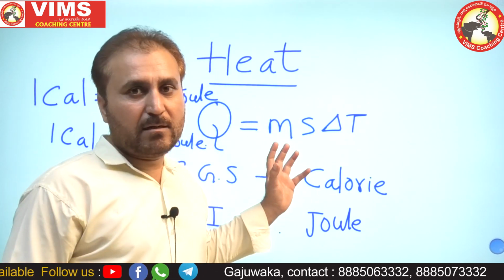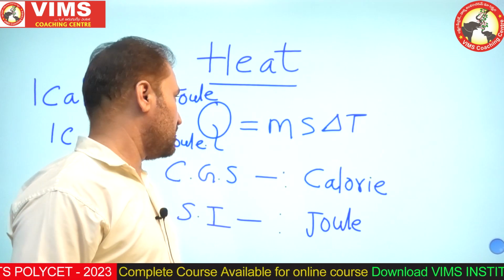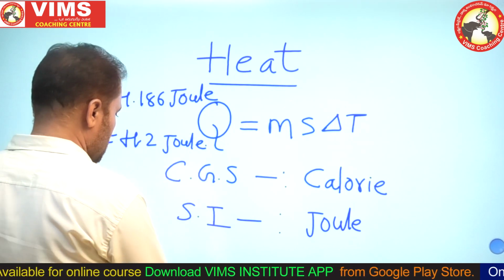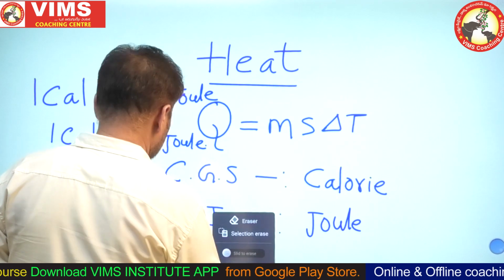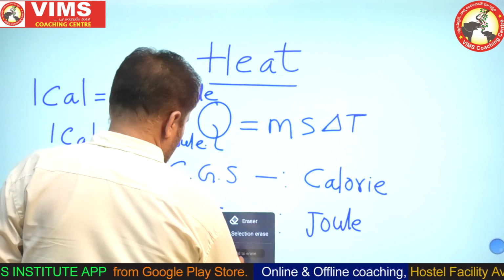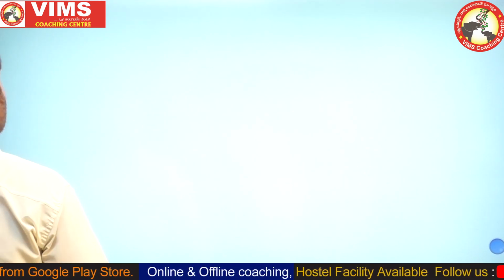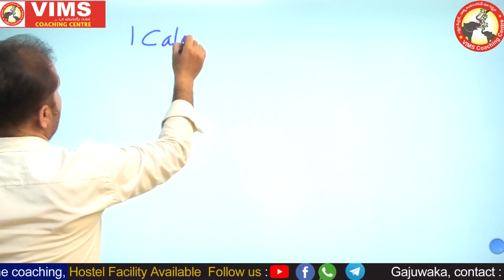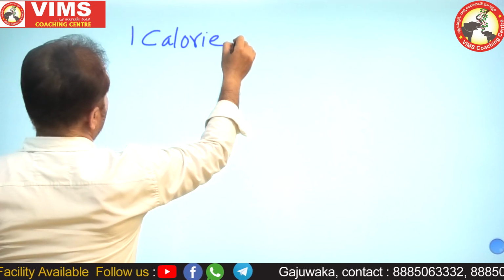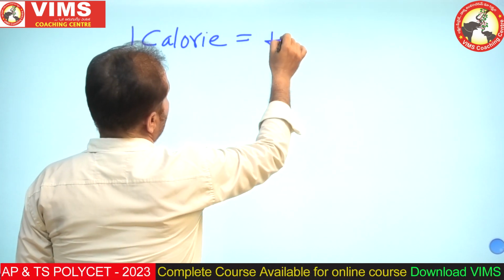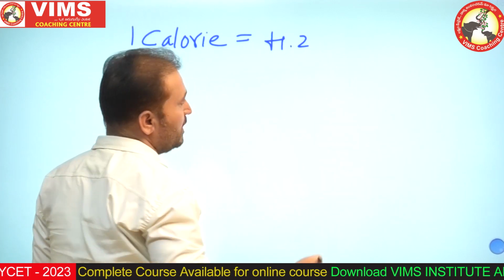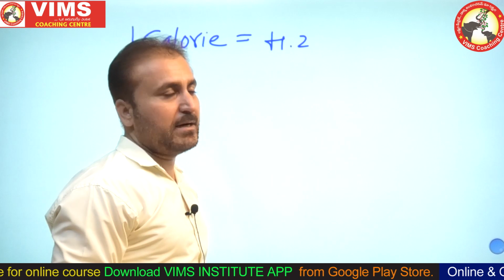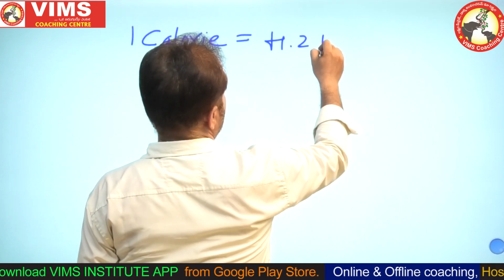In Polycet exam, some numericals will also be asked on these two relations. So let us see one example of how the numericals are going to be asked in this basic relationship. Already we know that 1 calorie is, actually exactly 4.186, but approximately we'll take it as 4.2 joule.